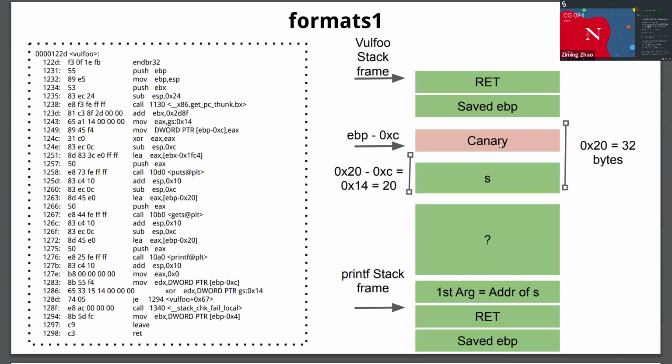We do have the canary here. We don't know the value, but the canary is at the address of EBP minus 12, which is, say, here. Then we have S, that local variable, 20 bytes in the source code. In the assembly, we checked it's actually exactly 20 bytes. After that, it's the canary.